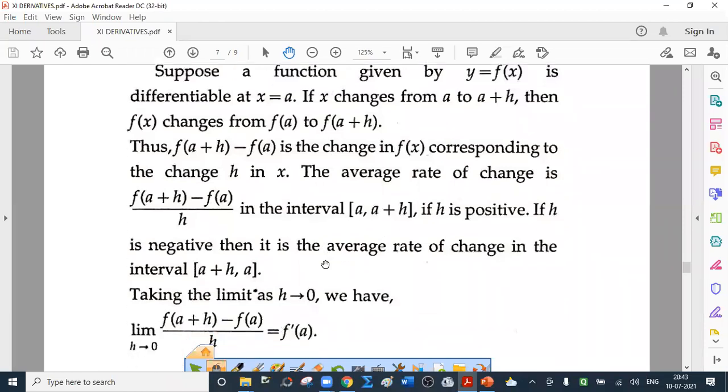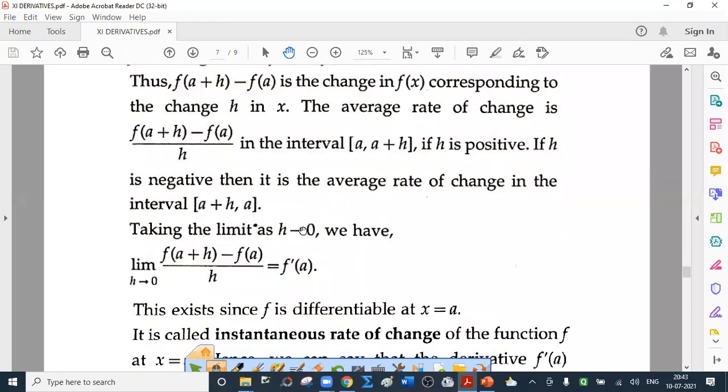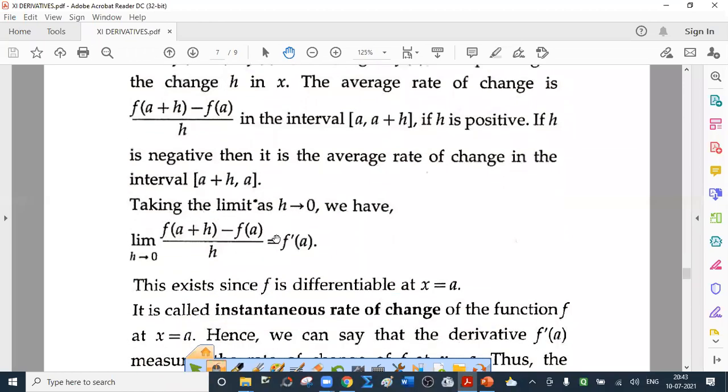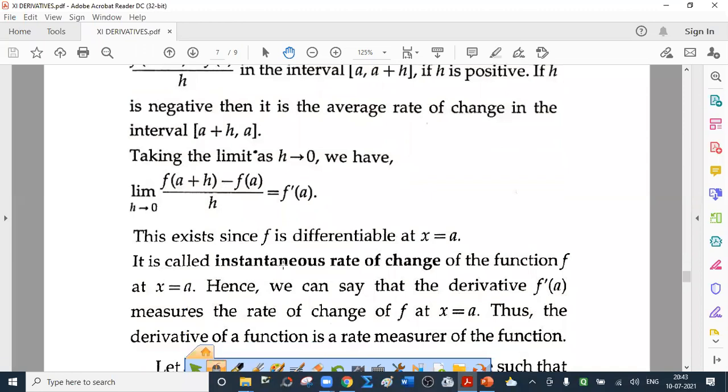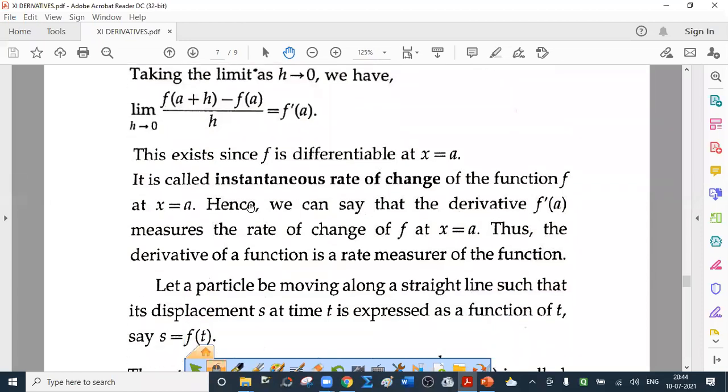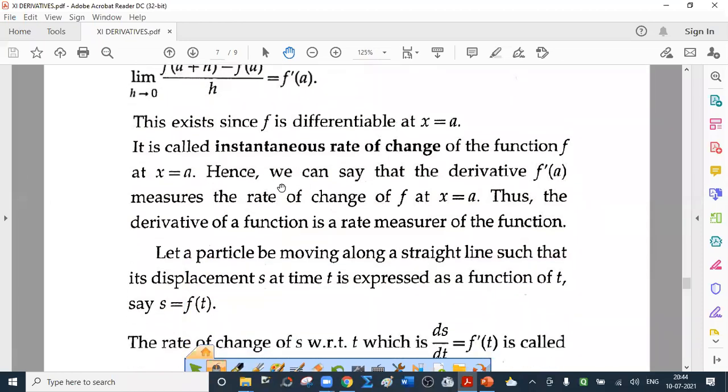Okay. Now just forget this positive negative interval. Just read this. If we take the limit, then note that this is nothing but the derivative, right? It is called the instantaneous rate of change of the function f at x equal to a. Now forget about the previous part. You have to remember this. Hence we can say that the derivative f'(a) measures the rate of change of f at x equal to a.